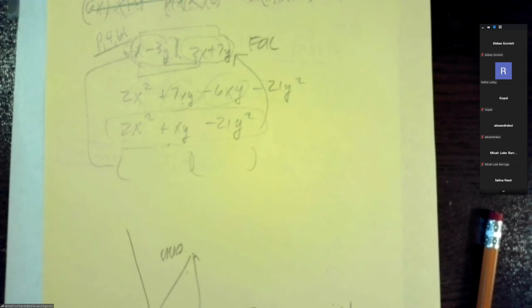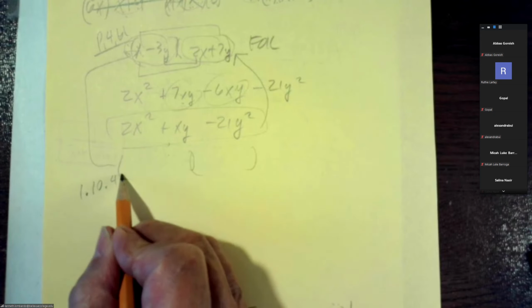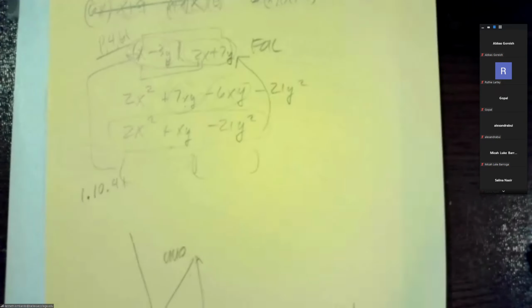I have another question. For 1.10, number 41. See if I can find that. Okay, is that the one that has x squared plus y squared equals 16? It's a word problem, I think. It talks about two vertical poles.